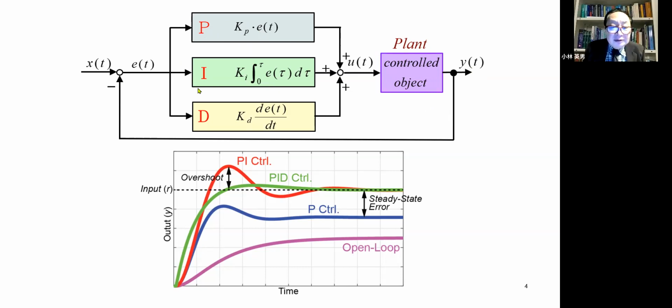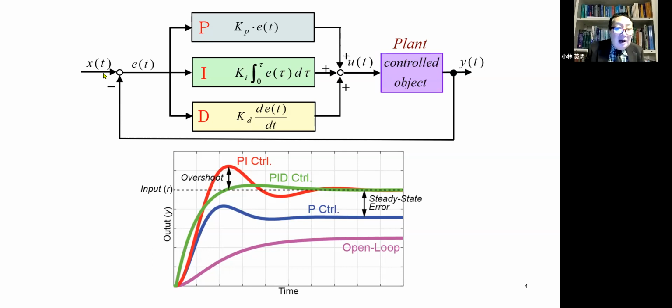I control is an integration. So this error is integrated, with coefficient Ki, the integral coefficient. And D control, differential control. So E(t) is differentiated by t, and Kd is a differential coefficient. In other words, we can call it differential gain.